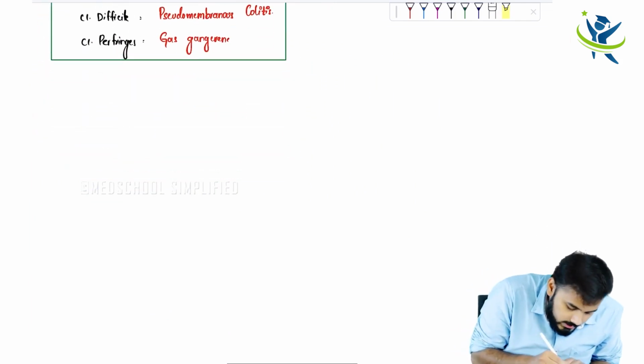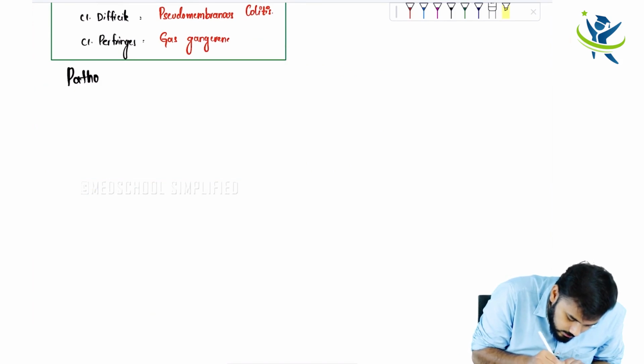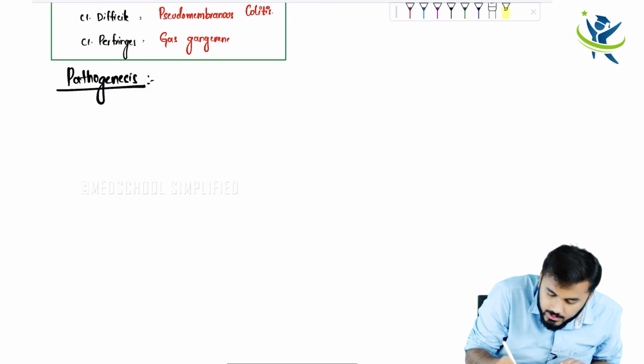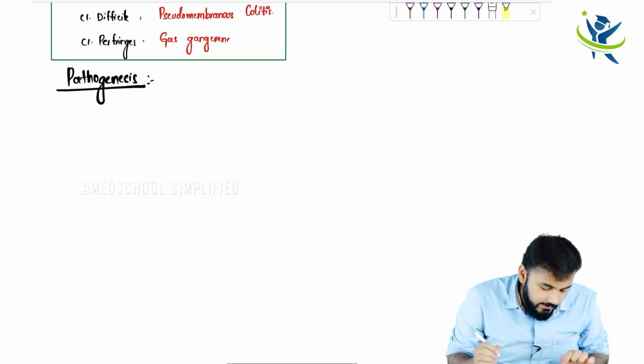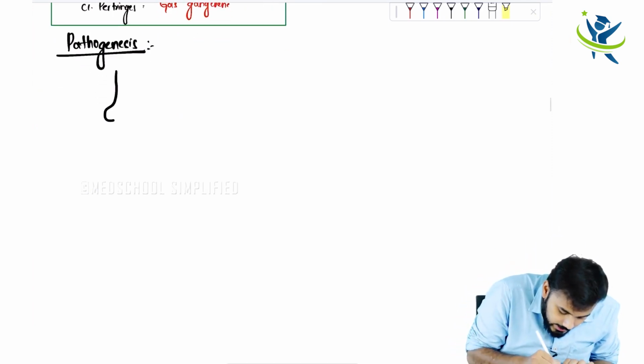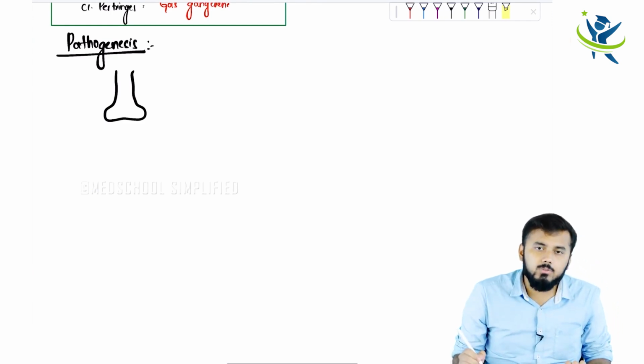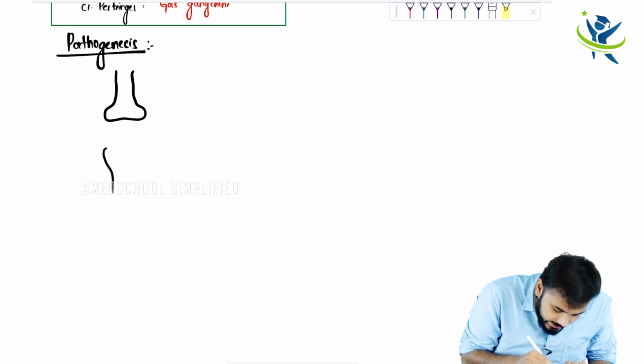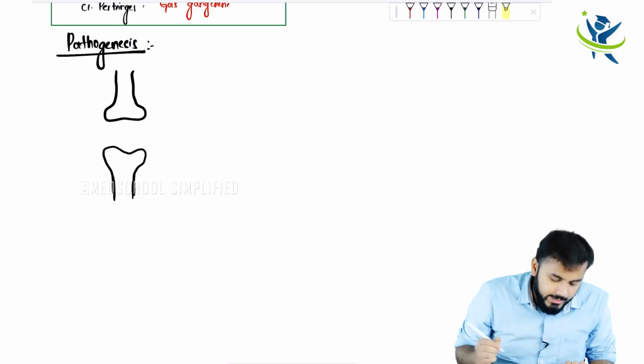So what is the pathogenesis? Now listen very carefully, guys. Don't make any notes. Now look here very carefully. This is a neuron. This is called the postsynaptic neuron. Now this is the next neuron.